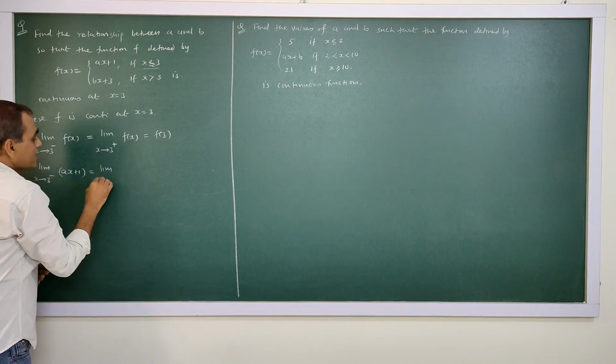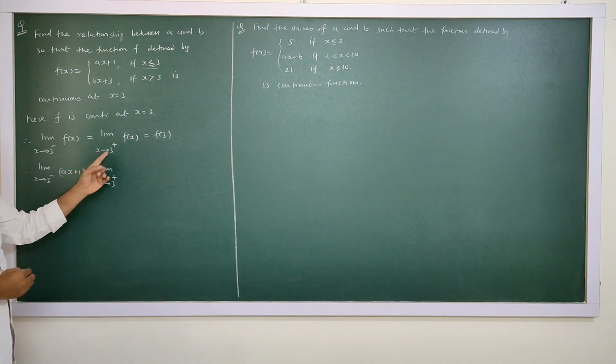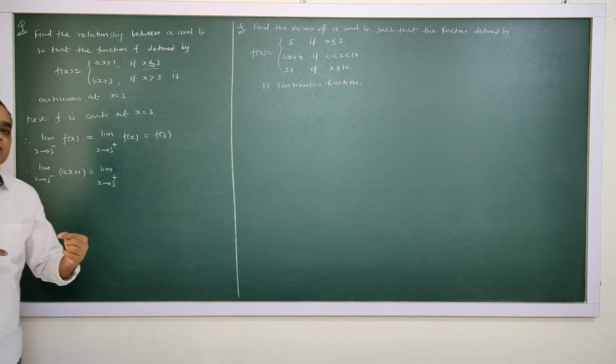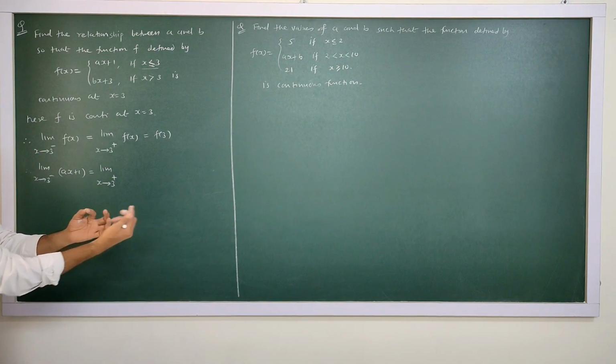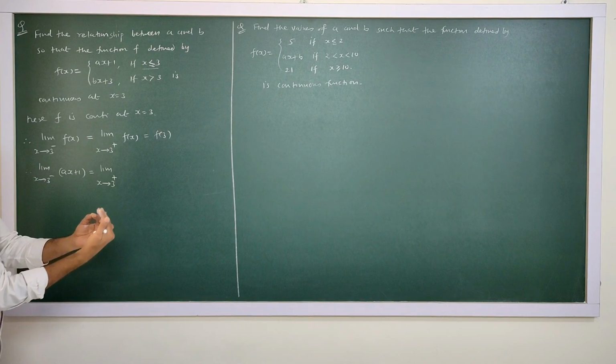Limit as x tends to 3 from the right side. Imagine the number line with 3 on it. When x is coming towards 3 from the right side, all values will be more than 3.